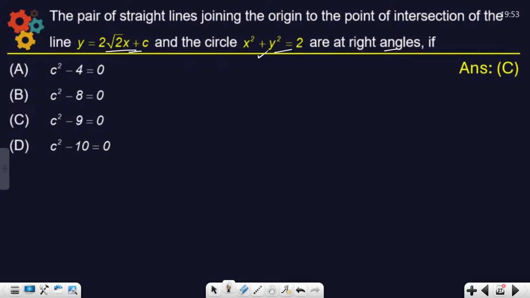So you will get that pair of lines passing through the origin, and as it is making a right angle, the coefficient of x square plus the coefficient of y square in that homogeneous equation will be equal to 0. And from there, you will find out the condition. And the condition is c square minus 9 is 0. This you will do by yourself, because I've done the same kind of problems 2-3 times.